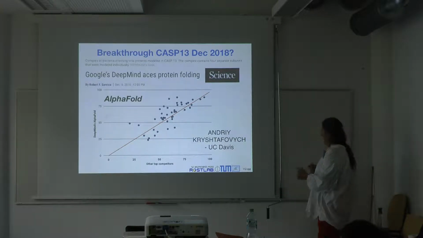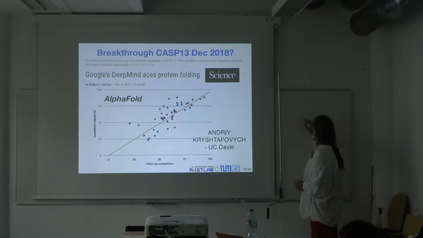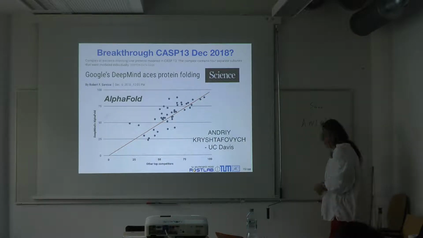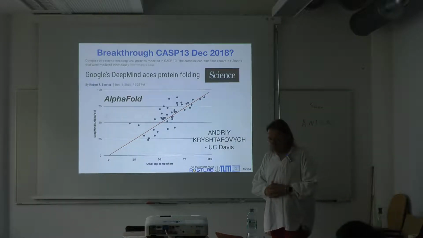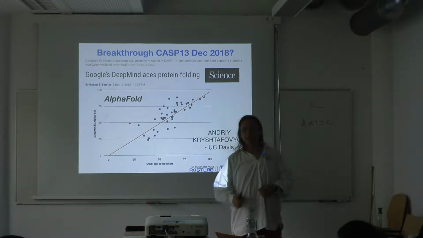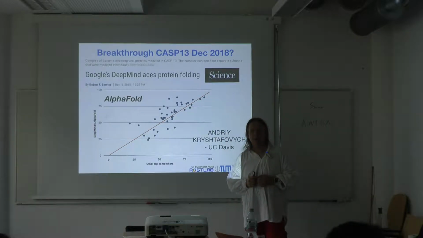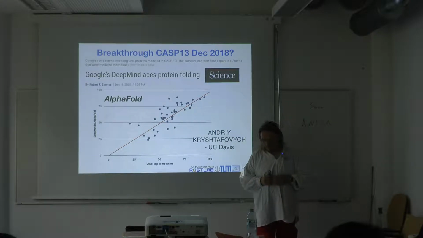AlphaFold obviously does it through machine learning, deep learning. There's also the set of computers from the Shaw Institute, Anton, that is hardware specialized to do molecular dynamics simulation on a large scale.